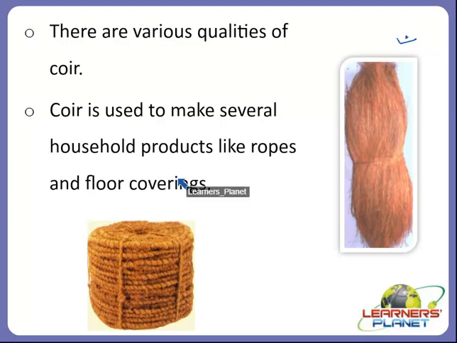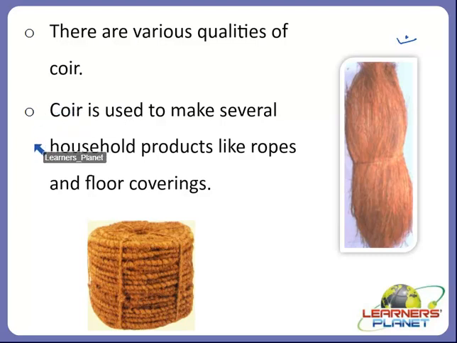You can just imagine what is there in pillows that makes them so fluffy. Why? Because there is some stuffing in the pillows. And coir is one of the plant fibers which is used as stuffing in mattresses as well as in pillows.